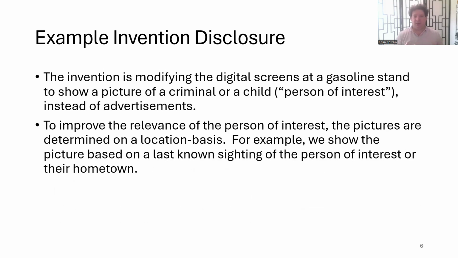We're going to show the picture based on a last known sighting of the person of interest. Hey, maybe they were seen in Washington, D.C. last week. That's a good place to show the photo. Maybe don't show it in Hawaii. Or their hometown, maybe, or a location of a crime that they committed. Something, it's location based.